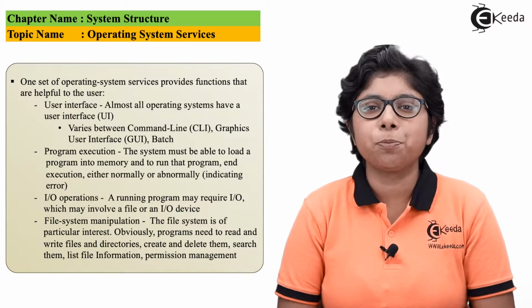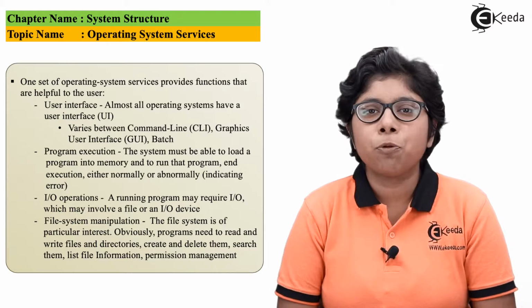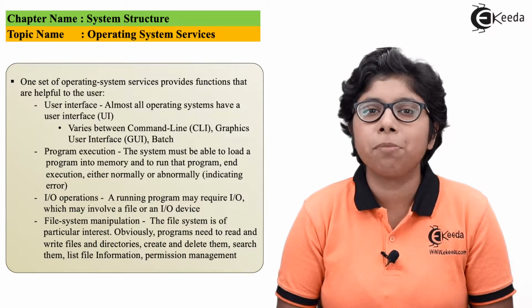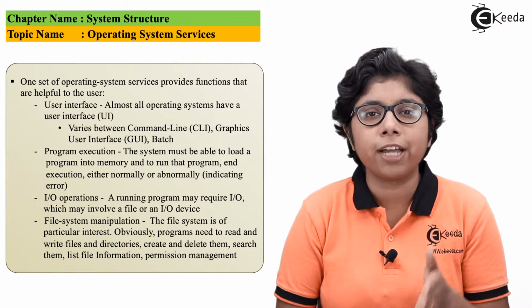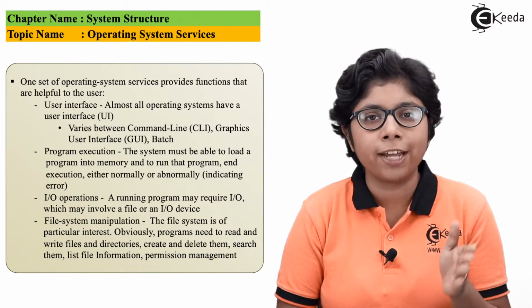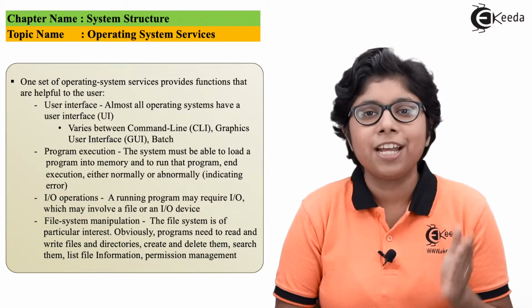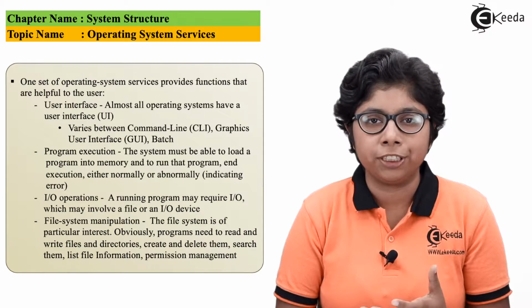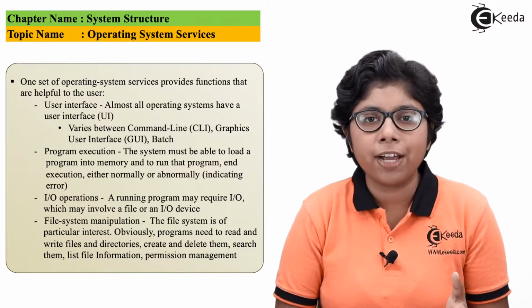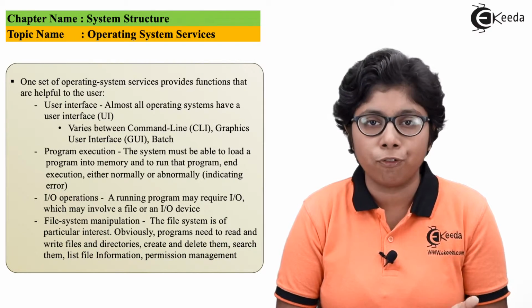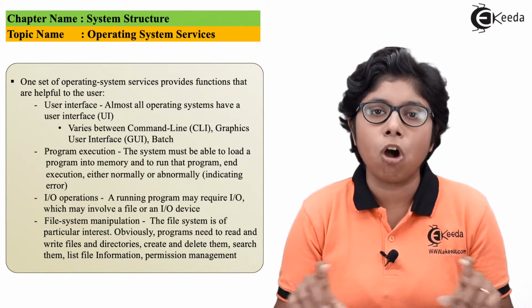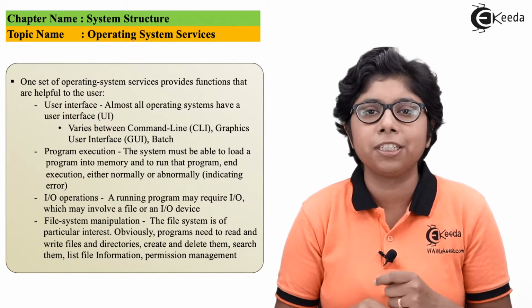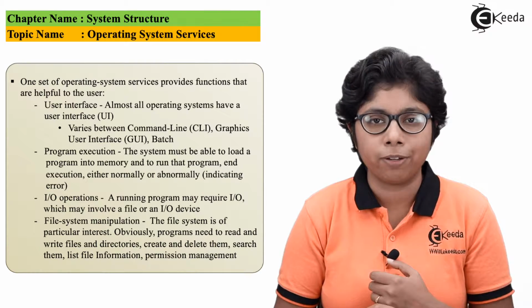The next one is program execution. The program must be able to load into the memory and execute, and the program should execute and terminate either normally or abnormally. The next one is I/O operation. There are many I/O devices and files that need to be handled. These I/O devices we can get together via a common bus, which can be implemented via a network and device driver.